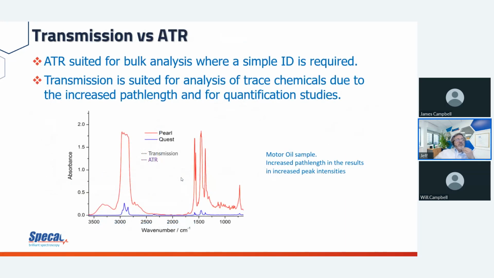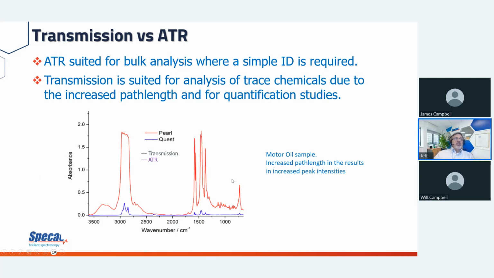Transmission versus ATR. Here we're looking at the Pearl, the transmission accessory. The Quest, the ATR, is in blue. You can see the differences. These are the exact same motor oil sample on the same scale. It depends on what you're looking for. That's how you pick your accessory.